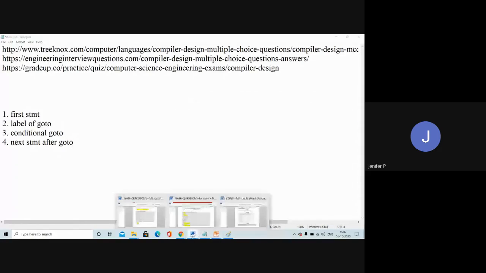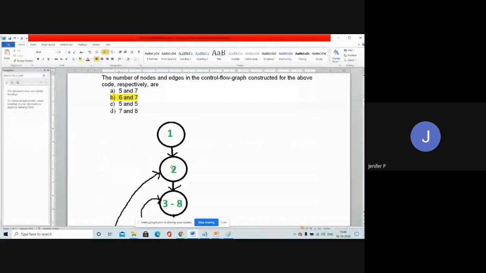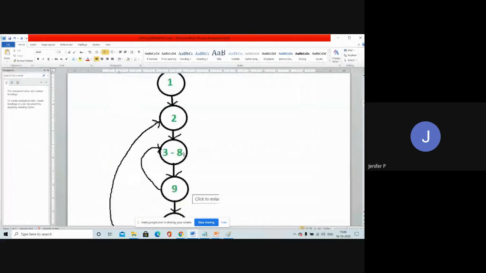Then the next statement after go to is a leader. So based on this you define the leaders, divide into basic blocks, and draw the flow graph, or control flow graph. And you are calculating the nodes.